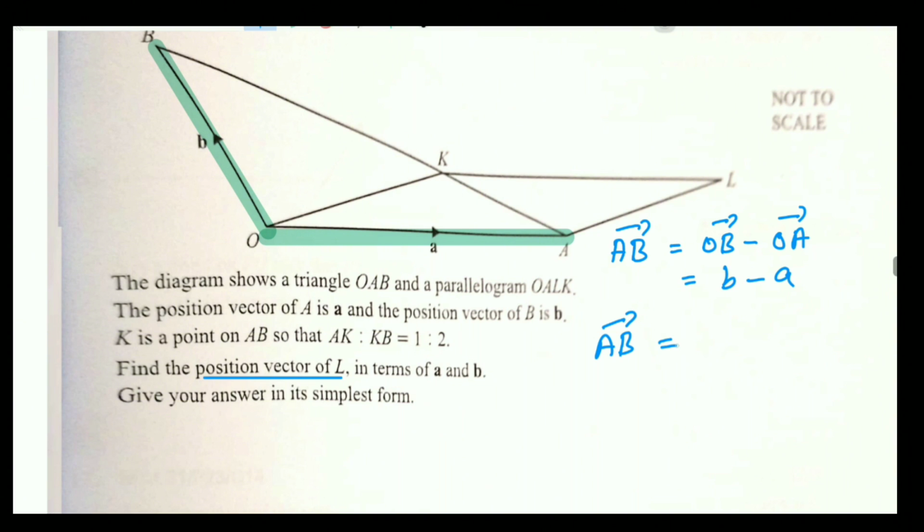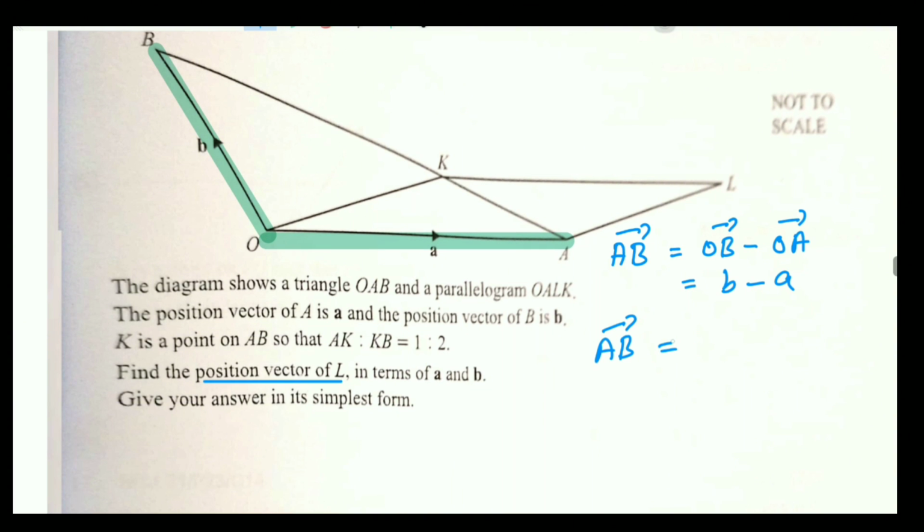If we choose the other path, it will be AK plus KB, and AK is 1/3 of AB.